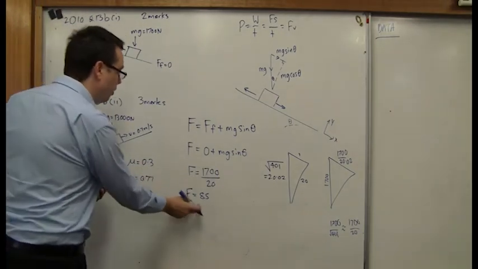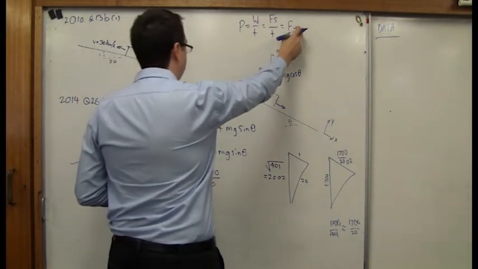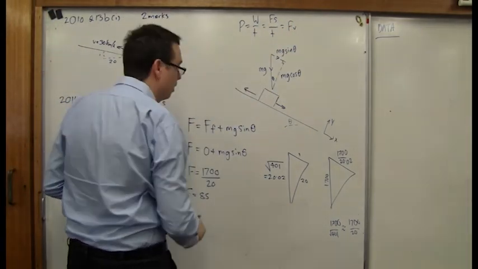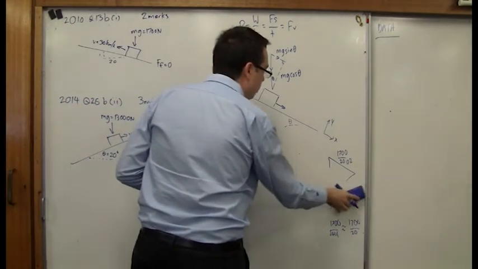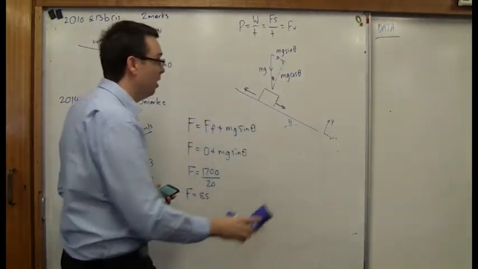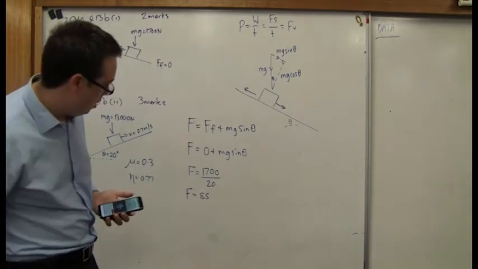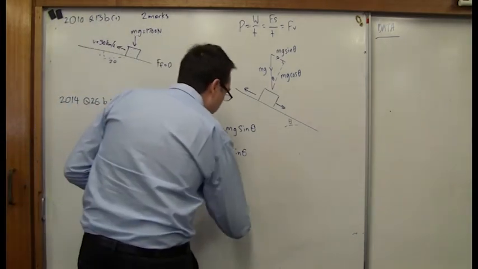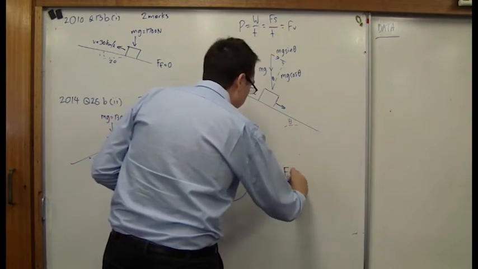Once we know our force, what we can then do is go back to using power equals force times velocity. I'm now going to clear this off because I need a bit of space. We can then say power equals force times velocity.